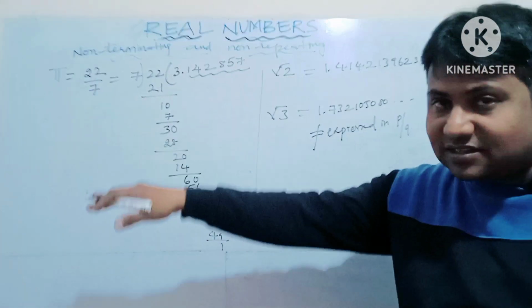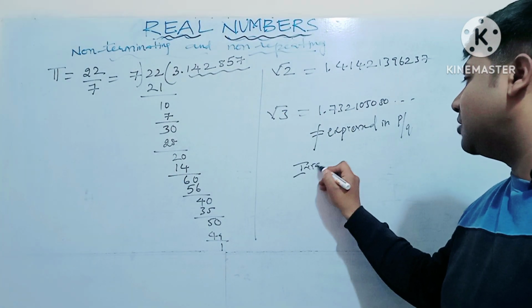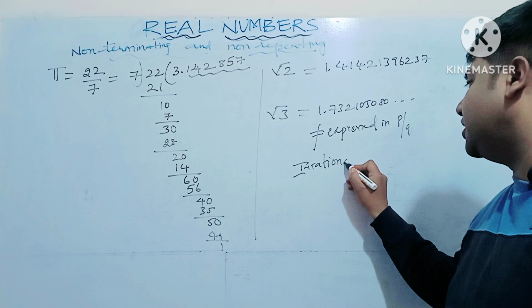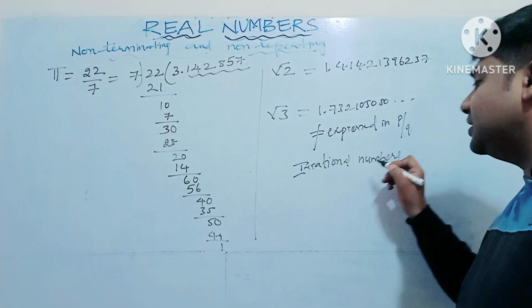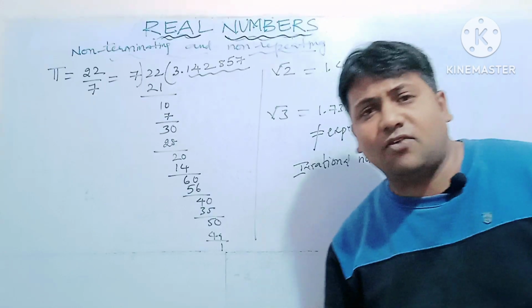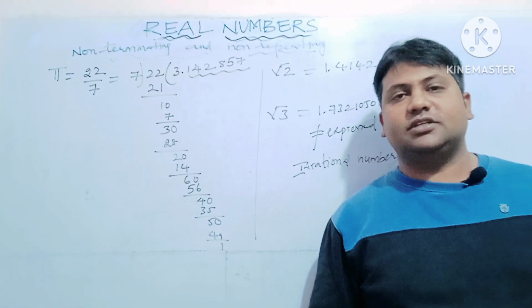So they are called rational numbers, and these types of numbers are called irrational numbers. The numbers which cannot be expressed in the form of P by Q are called irrational numbers.